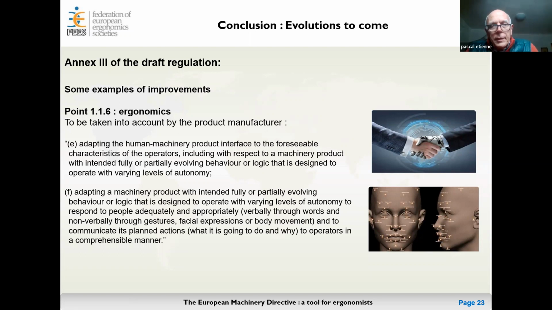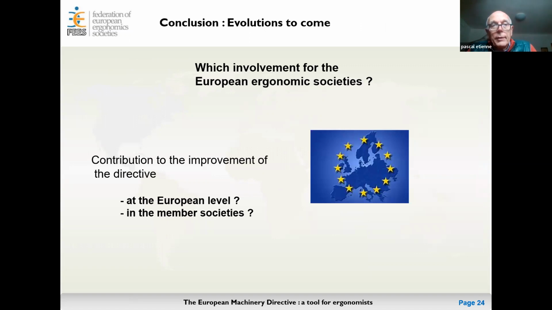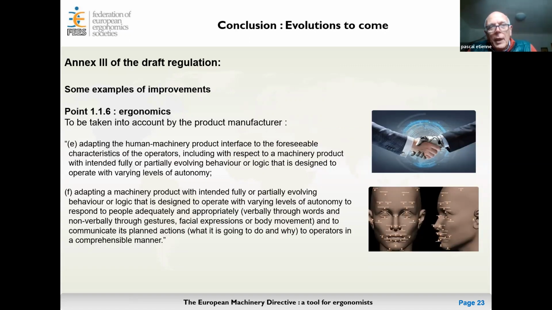And also another issue is to have a machinery product adapted to the intended fully or partially evolving behavioral logic that is designed to operate with varying levels of autonomy, to respond to people adequately and appropriately, verbally through words and non-verbally through gestures, facial expressions and body movement, and to communicate its planned actions, what it is going to do and why, to operators in a comprehensible manner.